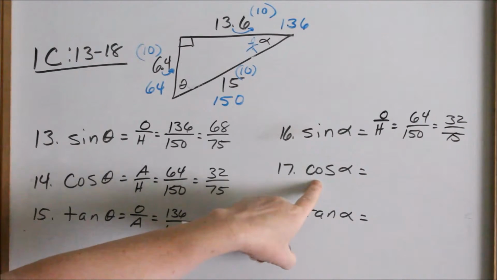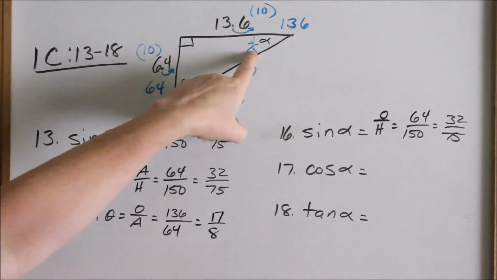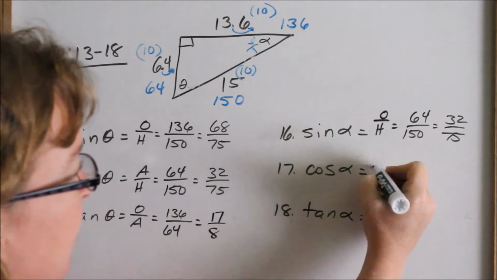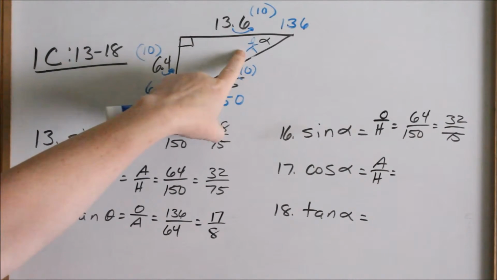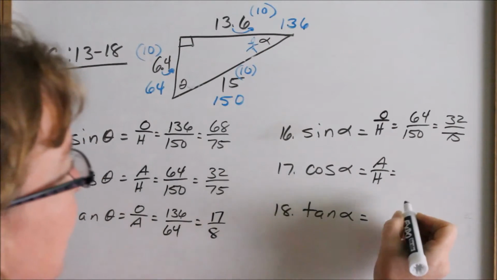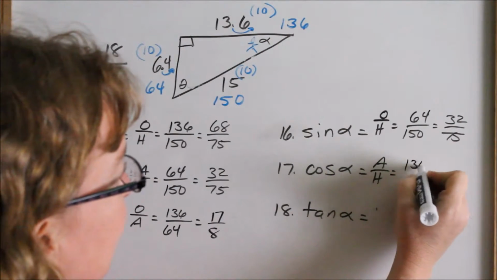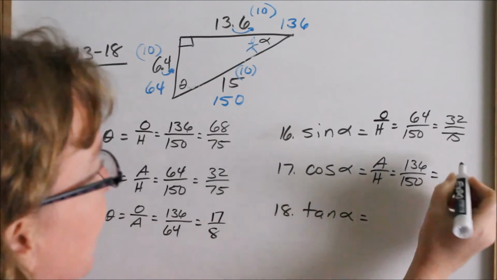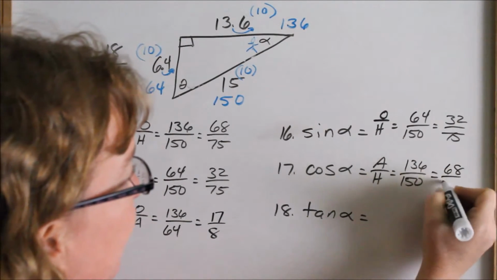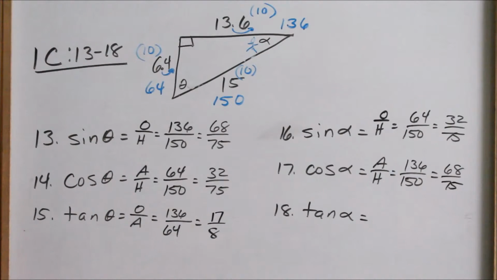Now I want cosine of alpha. Cosine is adjacent over hypotenuse. Standing here, the side adjacent to me is 136, and hypotenuse is 150, and so that will reduce to 68 over 75.